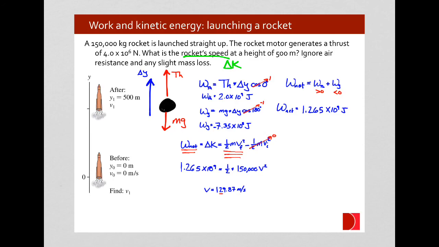Given our significant figures, we can simplify to say the velocity at the end of this acceleration, this period of work being done, is 130 meters per second.